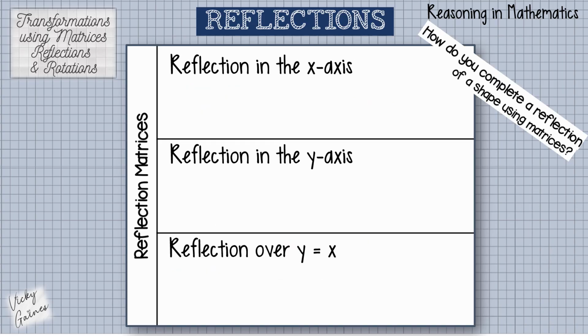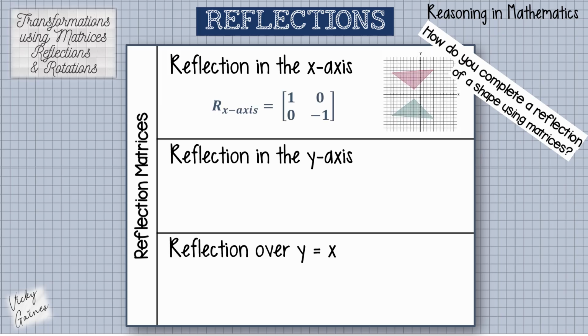Reflections. How do you complete a reflection of a shape using matrices? So we can reflect over the x-axis, and there is our reflection matrix, and the subscript is x-axis because that's what we're reflecting over. Capital R is for reflection.